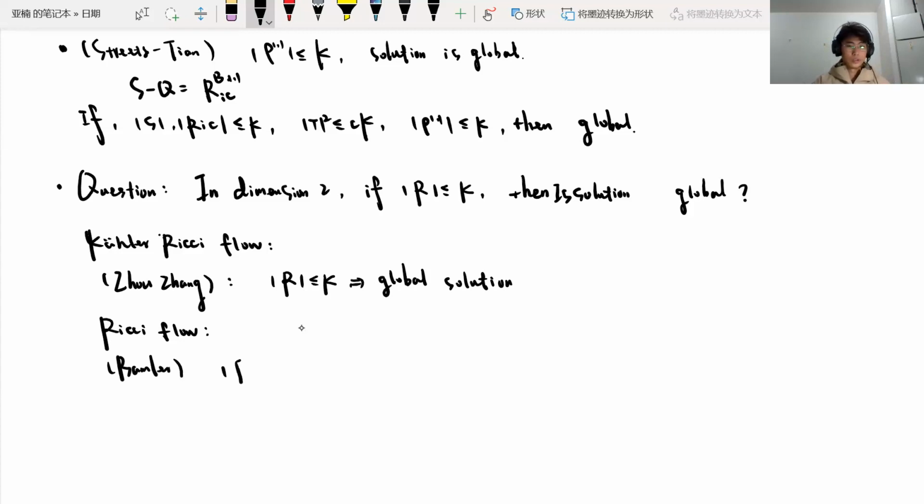They show here, this is the real scalar curvature, the Riemann scalar curvature. If this is bounded, then the singularity set is dimension 4. Or dimension 4, sorry.